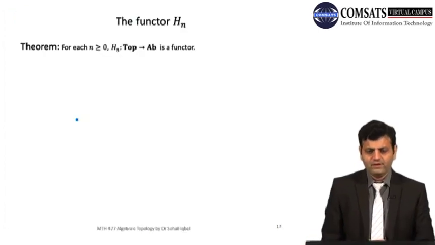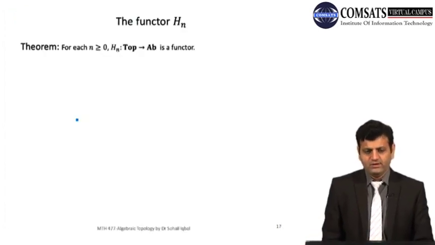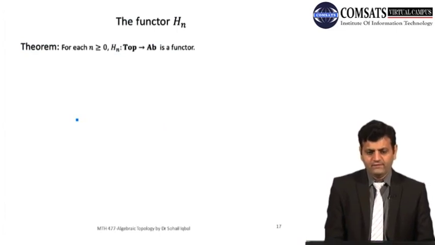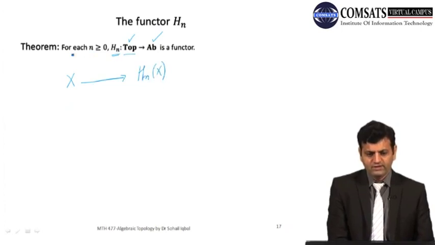Now we have the following main result. If we have the category of topological spaces, then there is a functor from the category of topological spaces to the category of abelian groups. Give me any topological space, and I will give you its image under this functor, and this is true for each and every n.